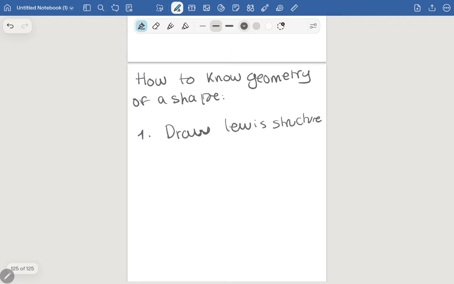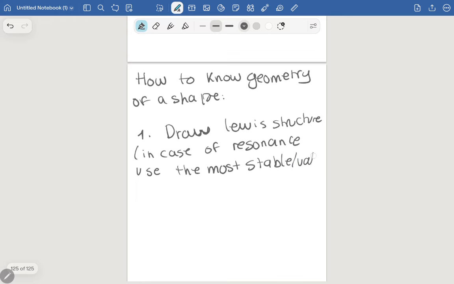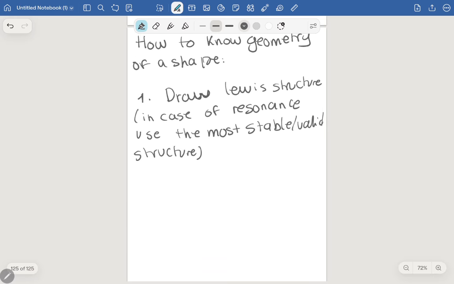But let's say, for example, you have a resonance structure. So in case of a resonance structure, this is all, by the way, from chapter 3, use the most stable or valid structure. Okay, this is step 1 on how to know the geometry of a shape.